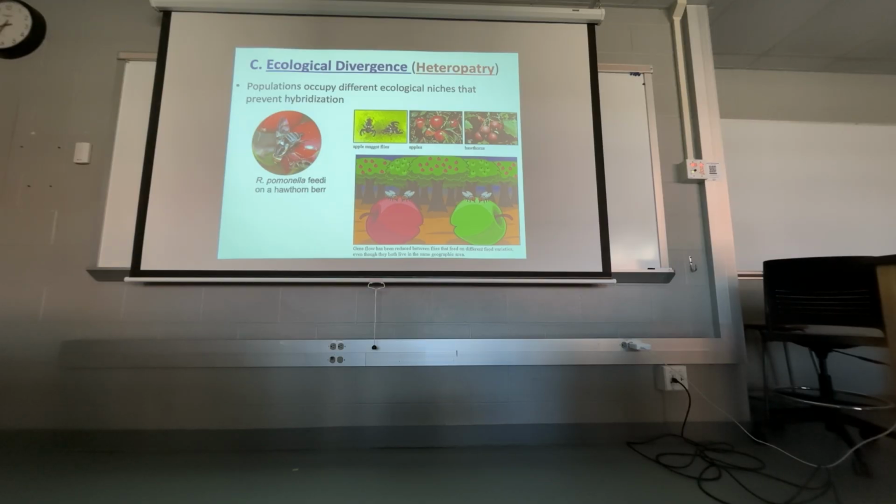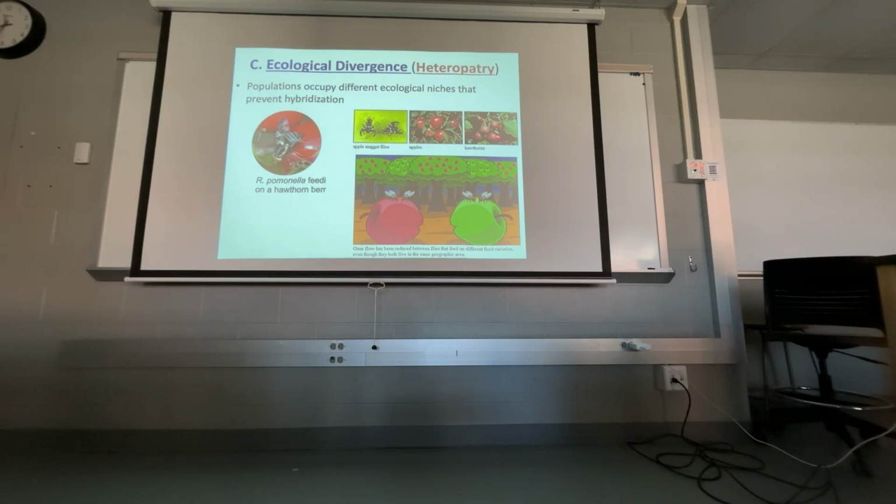Apple trees grow apples relatively quickly, which means that this food source is readily available in certain parts of the US, so these flies are now staying either on the apples or on the hawthorns, and they are becoming habitat separated, right? That pre-zygotic barrier that we consider habitat separation or isolation. And that's happened for the last 200 years or so.